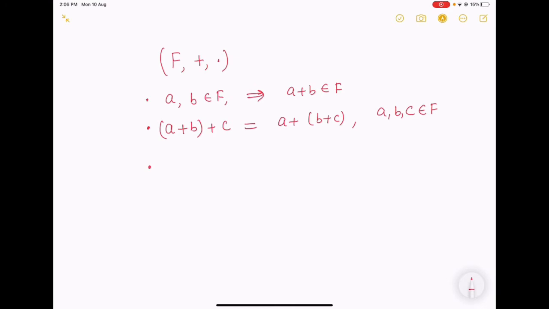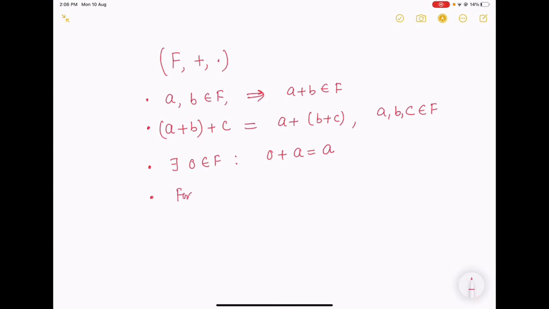Third property is the existence of identity. There exists 0 belonging to F such that 0 plus A is equal to A. Next property is the existence of inverse.